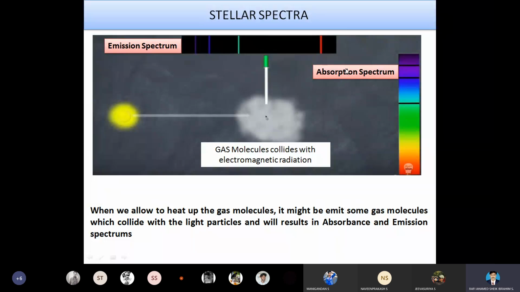These two spectra we are going to study from the Harvard system and from the Hertzsprung-Russell diagram, to study the various spectral lines in terms of absorption and emission.